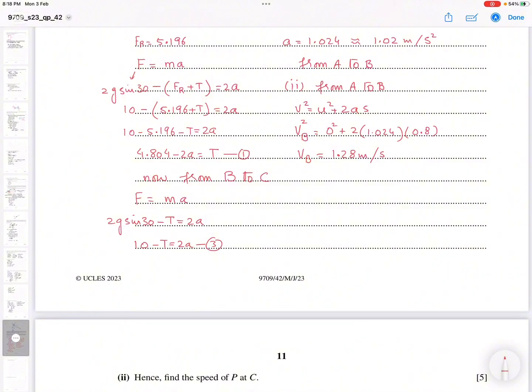Now for particle Q, because it's also moving up, there is no change in its equation.